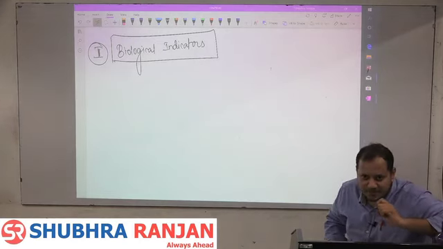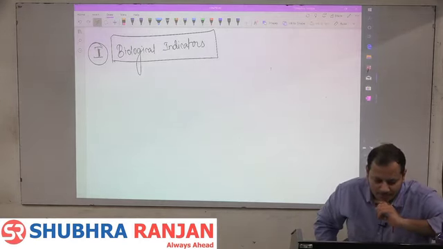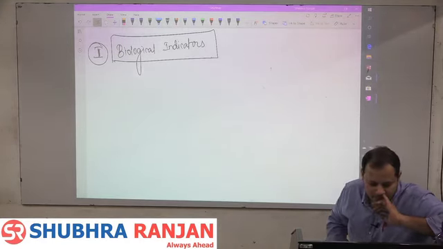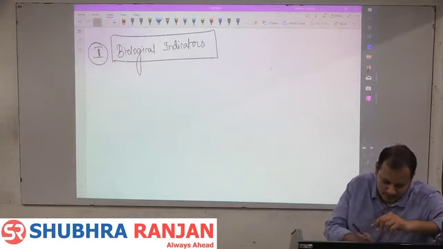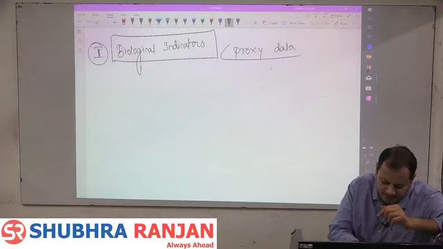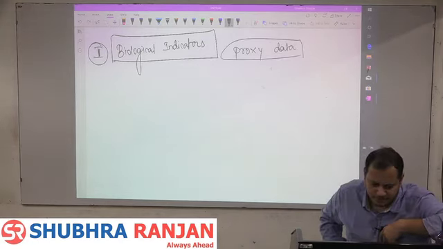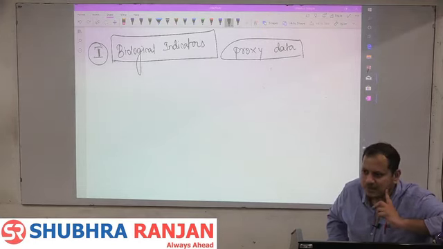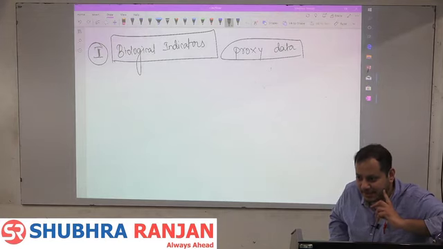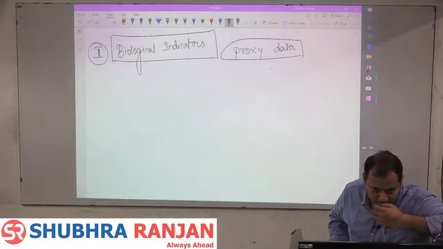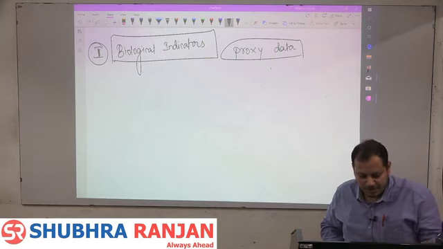So biological indicators. This provides significant evidences and proxy data. Not exact data, but indirect data. इसलिए हम रहते हैं लिखते हैं proxy data. Especially for temperature and moisture conditions.